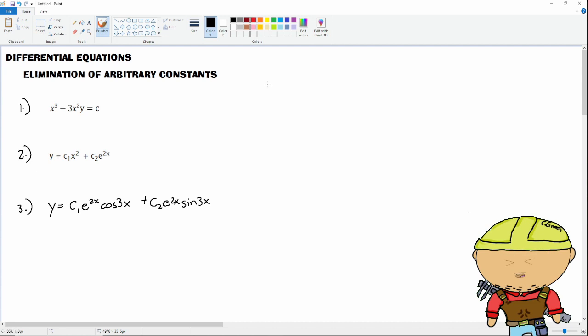What are arbitrary constants, or where do we find arbitrary constants? In these three examples, we call these examples general solutions. Under differential equations, we have two types of equation: differential equations and general solutions.